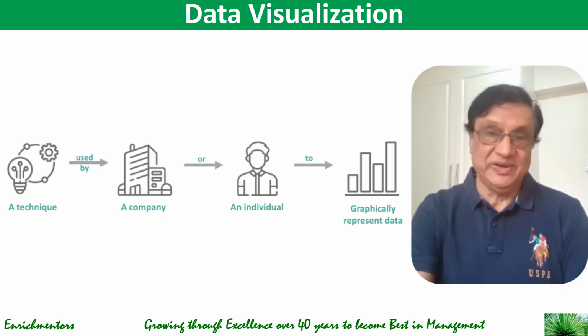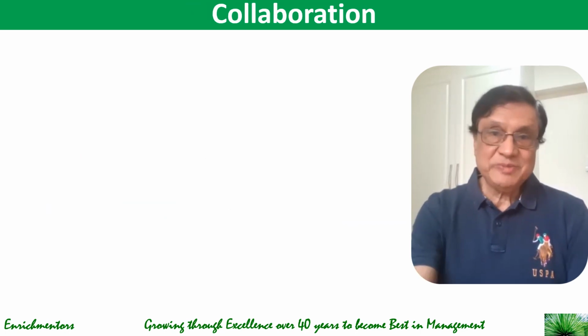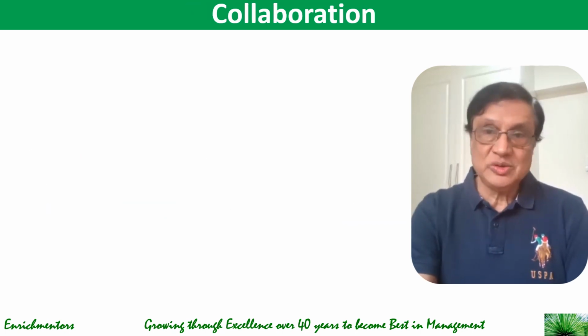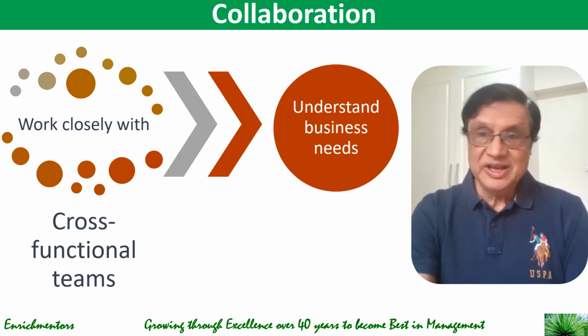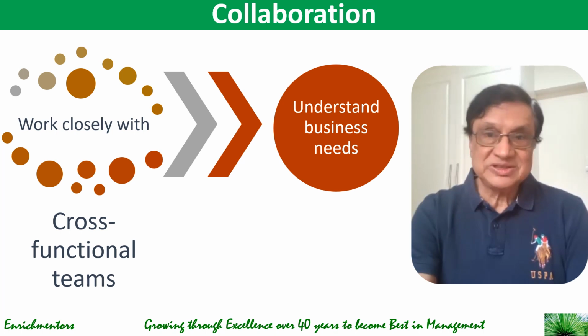to present their insights effectively. Another responsibility, obviously, is to work in collaboration, work closely with the cross-functional teams, including business analysts, engineers, and decision makers. This is done to understand the business needs and provide data-driven solutions.